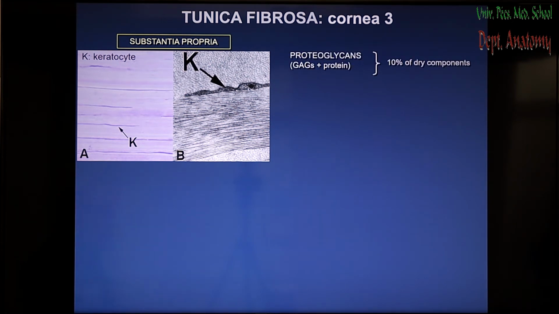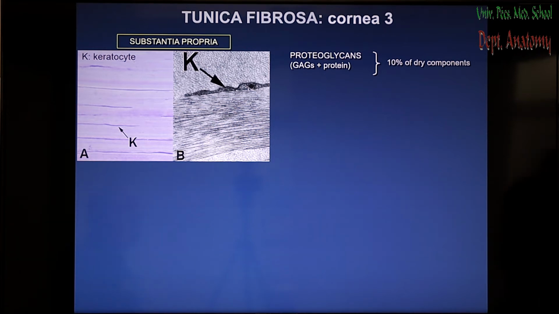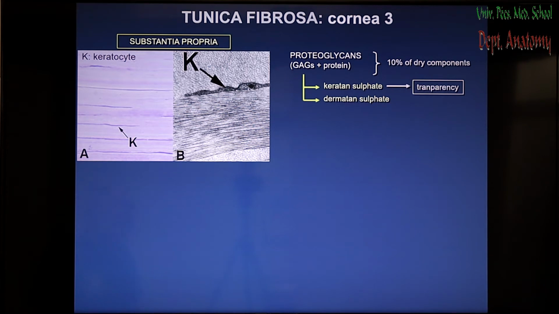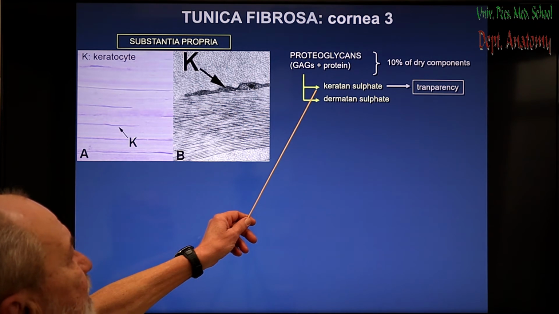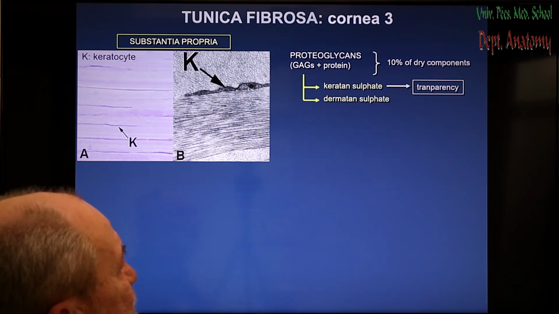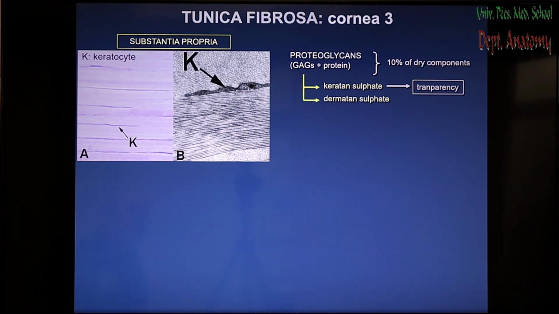As for all the connective tissues, of course the amorphous substance is an important component. Something like 10% of the dry components are the proteoglycans, which have the same structure and same components as for other dense collagenous connective tissues. The unique thing here in the GAGs, the proteoglycans, is the keratan sulfate, which helps the function of the cornea being transparent.